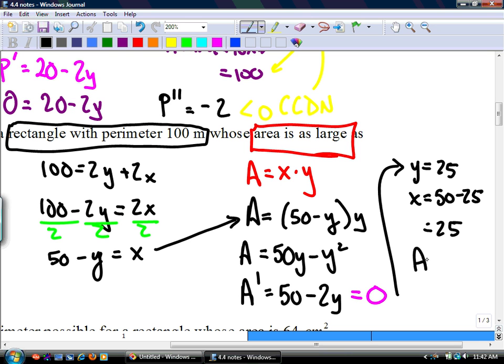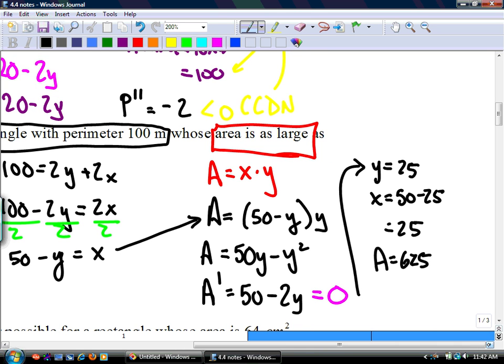What's the area equal to? 625. Good. How do we know if it's a max or a min? Take the second derivative. A double prime equals -2. If it's negative, it's concave down. It's a max.